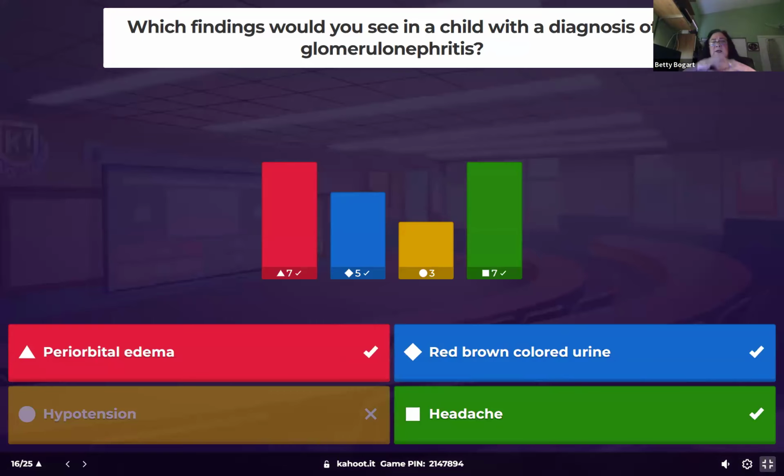Glomerulonephritis has to do with the kidneys, so the kidneys are always worried about hypertension, which is that headache. Because you are oliguric and not having much urine output, you're going to see red, brown, concentrated colored urine, and periorbital edema. Those are some symptoms you need to know.